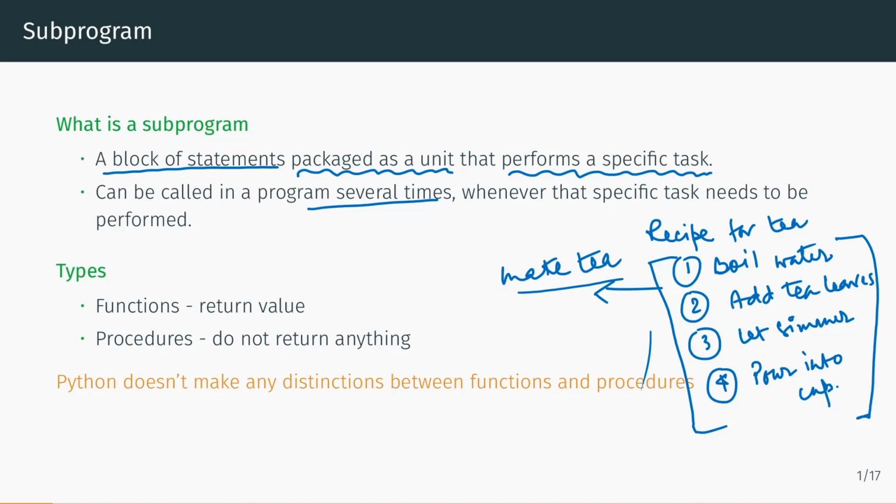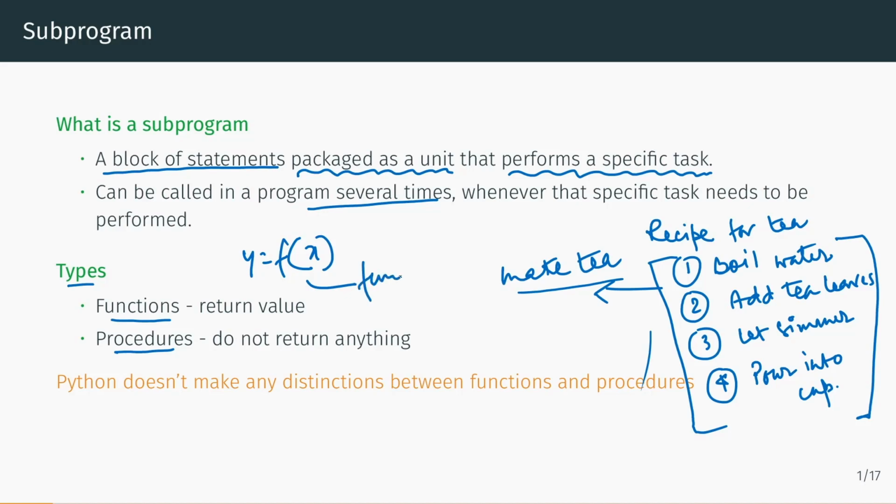Now conceptually, there are 2 types of subprograms. Number 1 is functions, and the second one is procedures. What are functions? If you have done maths and calculus, you know a function which looks like y equals f of x, and this f is called a function.